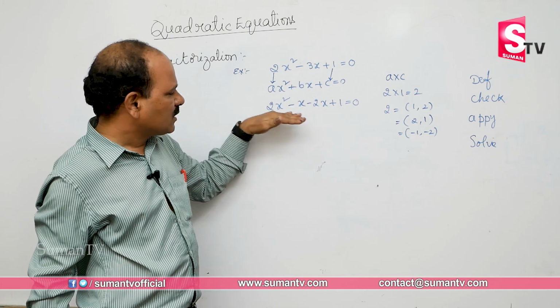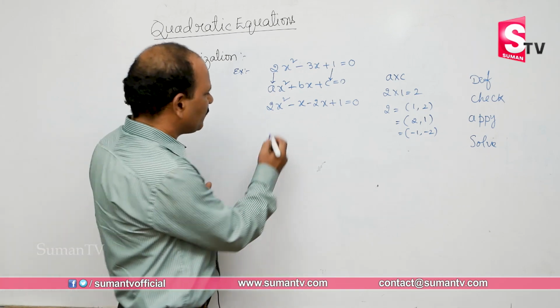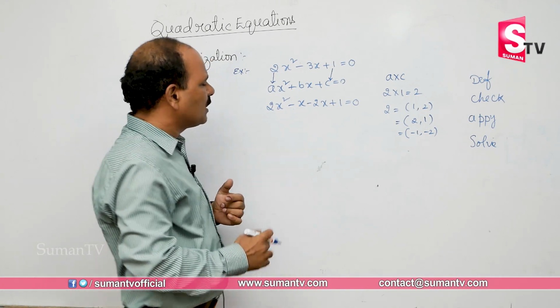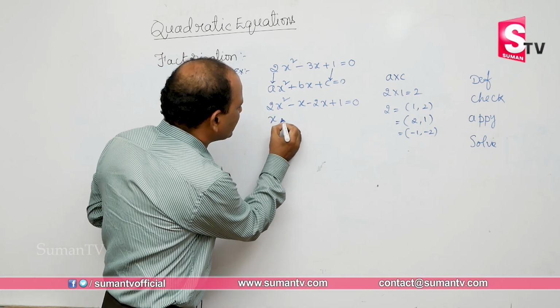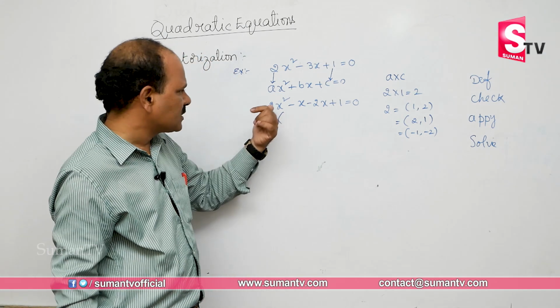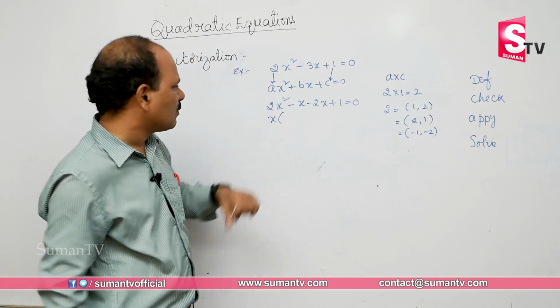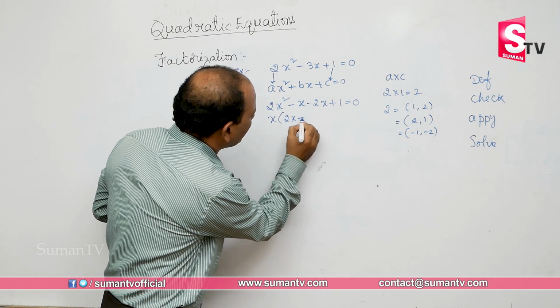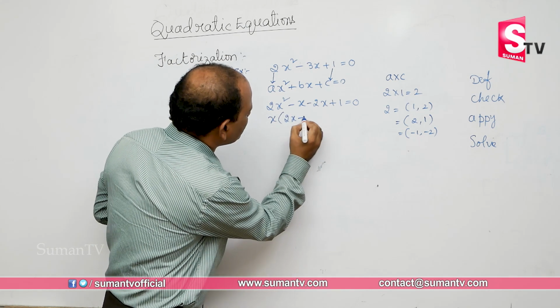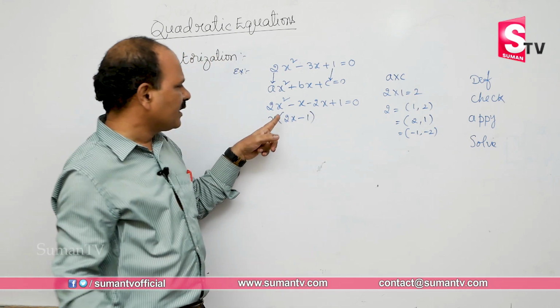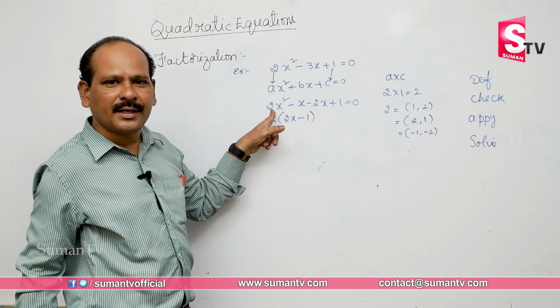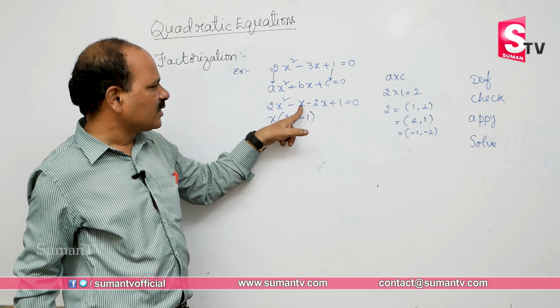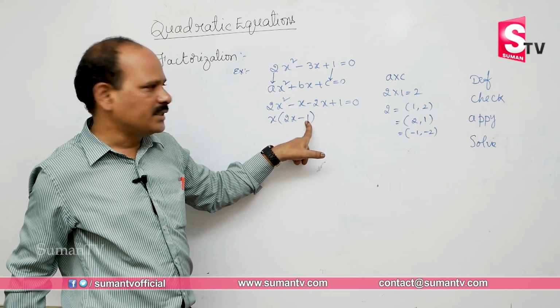From 2x square minus x, I can take x common. Once I take x common, the remaining term is 2x. From minus 2x plus 1, once I take minus 1 common, the remaining term is 2x minus 1.